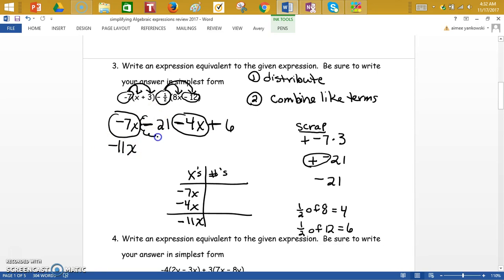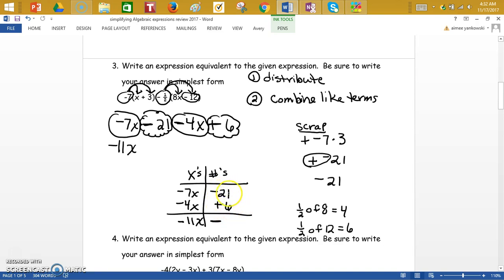I then have to combine my constants. So I put those in my no's portion of my chart. Negative 21 plus 6. Signs are different. I'll find the difference. I'll keep what I have more of. Definitely have more negatives, so I'm going to keep a minus sign. And now I have to subtract.